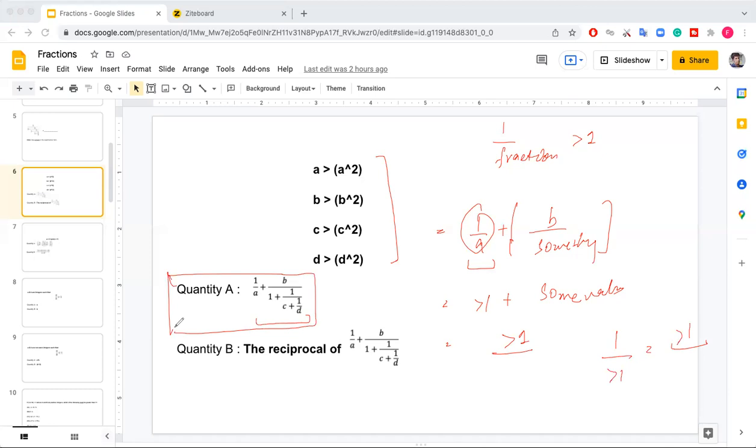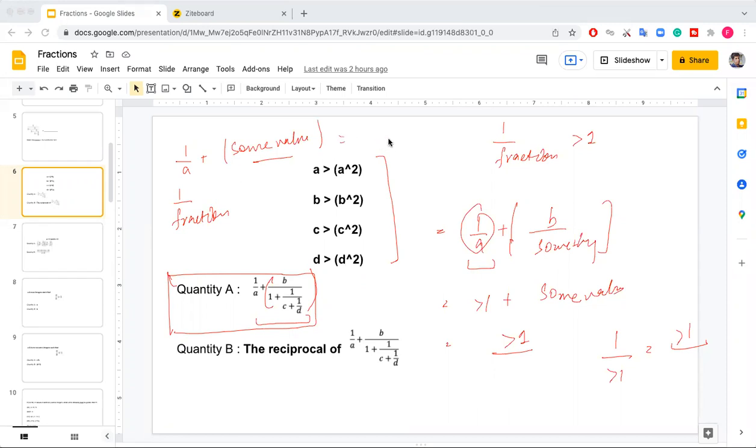Got the point? Could you please repeat it again? Okay, I just told you that all of these are fractions in the range of 0 and 1, right? So in quantity A, we have 1 over A plus, just leave this. I call this some value. Doesn't matter whether it's a fraction or an integer, whatever the value is. We have first 1 over A. A is actually a fraction, and 1 over a fraction is always greater than 1, right? You're agreeing on this point? Yes, I am.